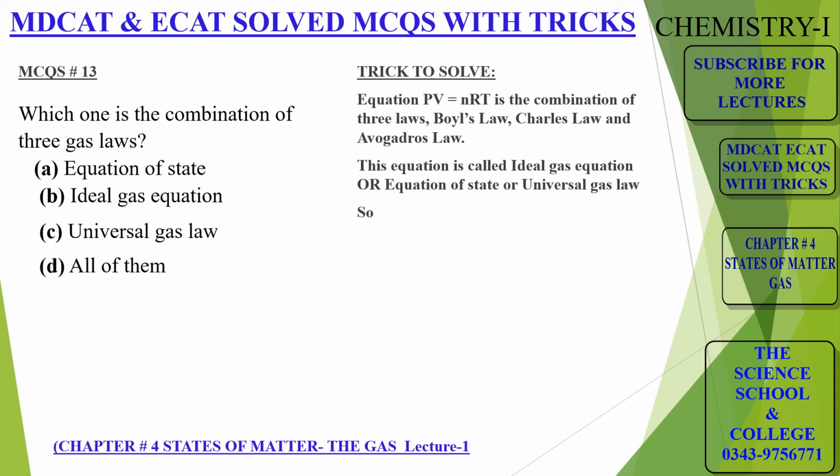We know that PV equals nRT is the combination of 3 laws: Boyle's law, Charles's law and Avogadro's law. This equation is called ideal gas equation or equation of state or universal gas law. So the correct option is option D, all of them.